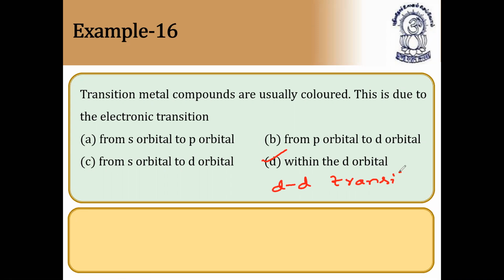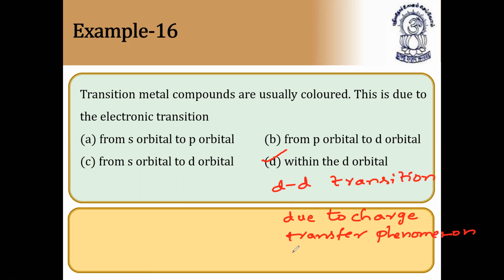They exhibit color due to d-d transition, and in exception cases, it is also due to the charge transfer phenomenon in case of MnO4 minus, which is green color, even though it contains no unpaired electrons.